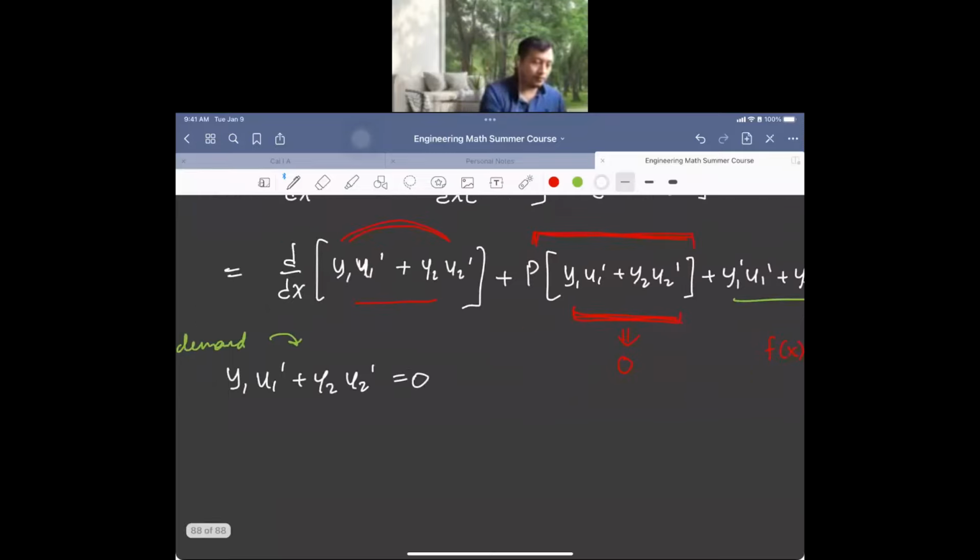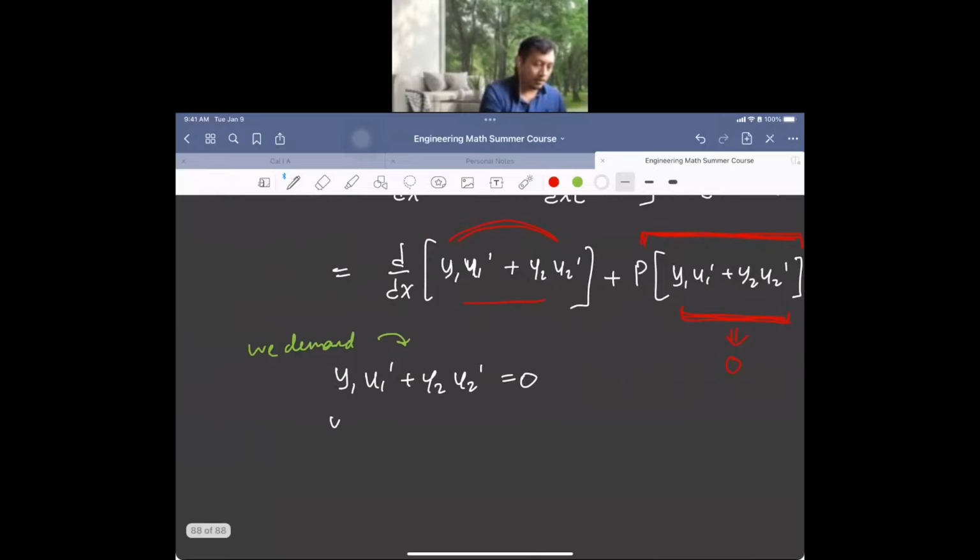So we are going to have two equations: y1 prime u1 prime plus y2 prime u2 prime is equal to the function of x.